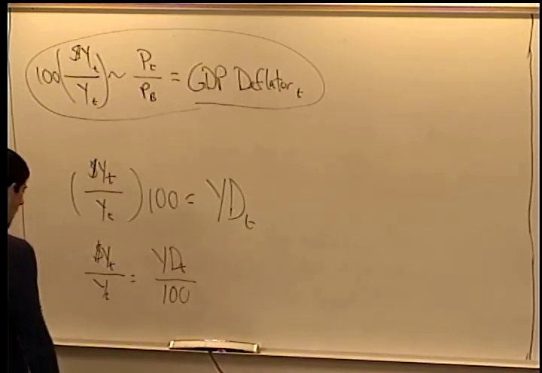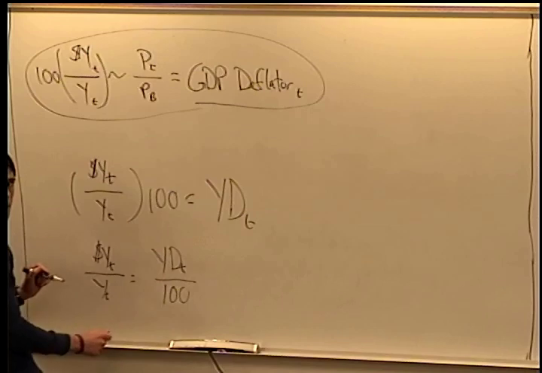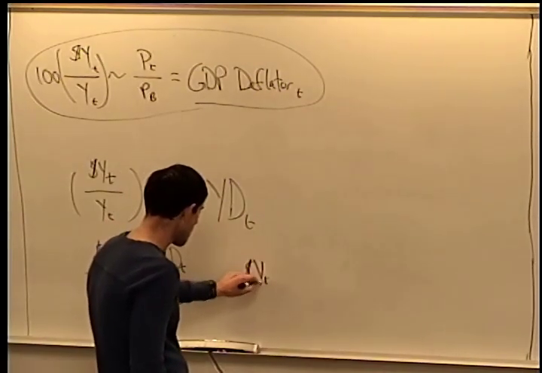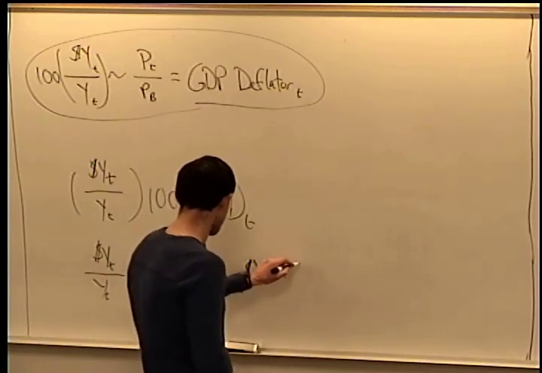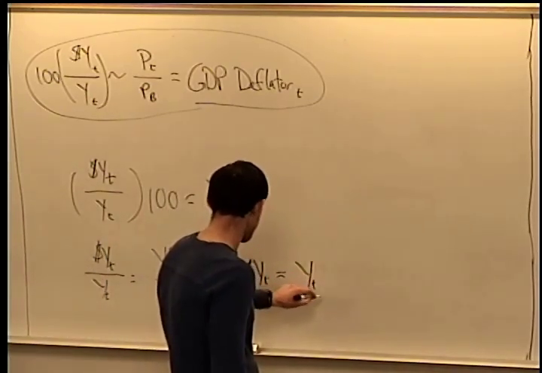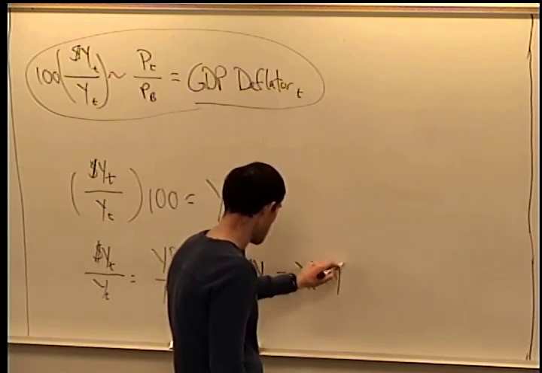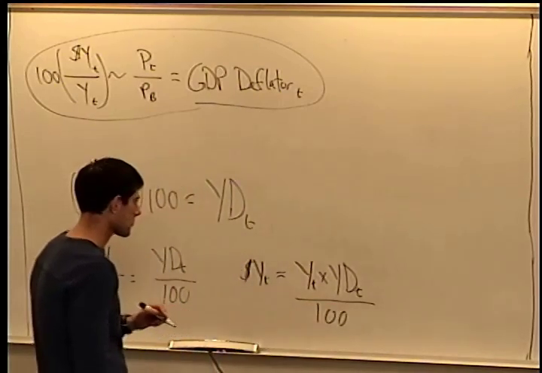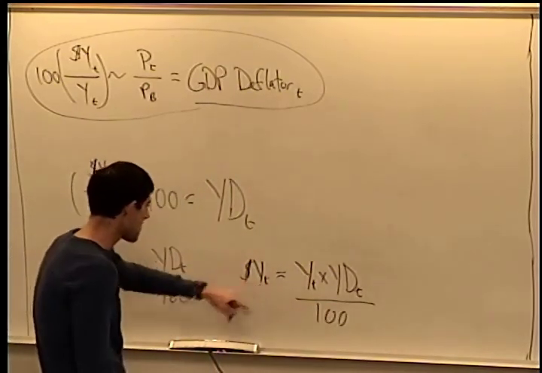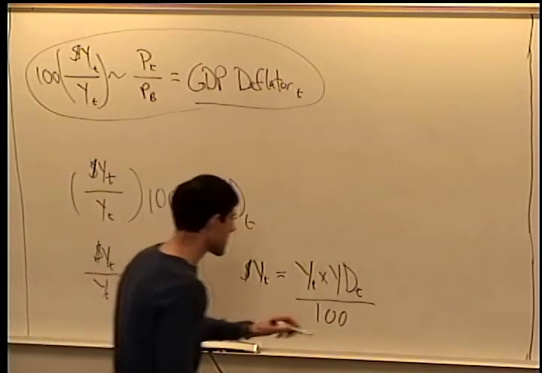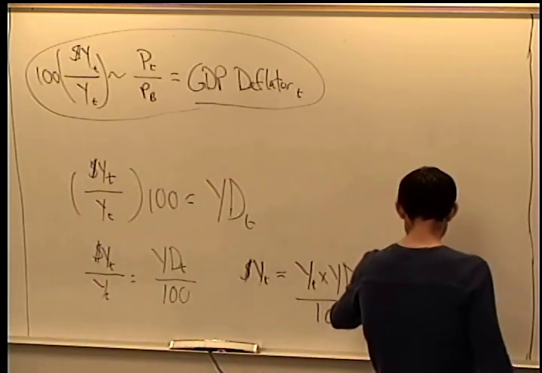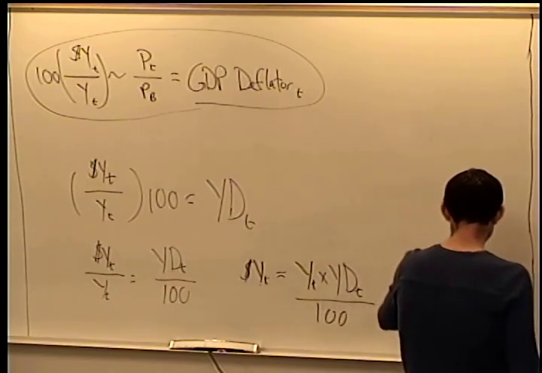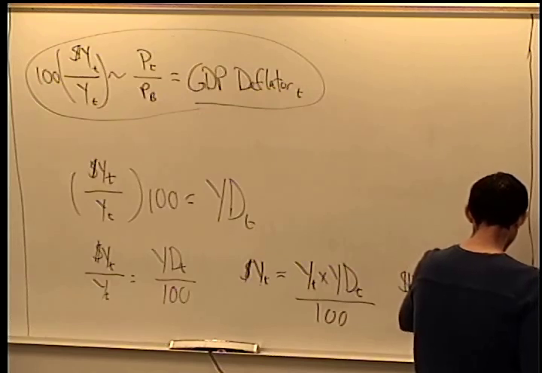Okay, now I can multiply each side by YT, and that gets me $YT equals YT times the GDP deflator divided by 100. Now I'm going to get this 100 back over here. So I take nominal GDP times 100 equals real GDP times the GDP deflator.